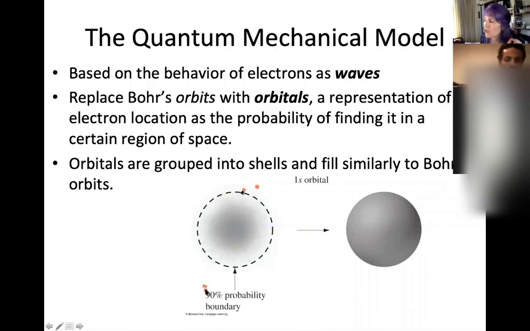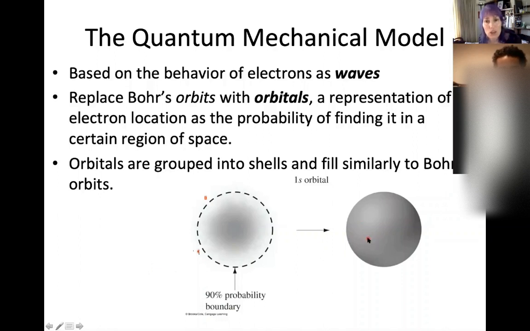So we decide to draw a line at the 90% probability. They'll spend 90% of their time in that space. 10% of the time, they could be somewhere else. Electrons are squirrely, right? It could be in China, we don't know. So we just draw this 90% boundary, and that's what we call the orbital.